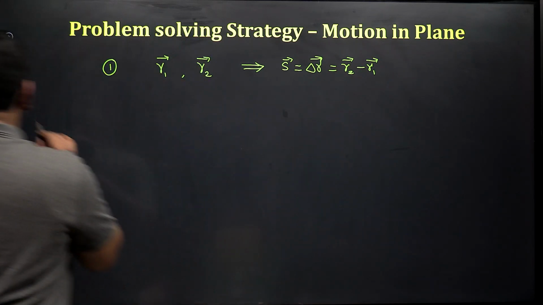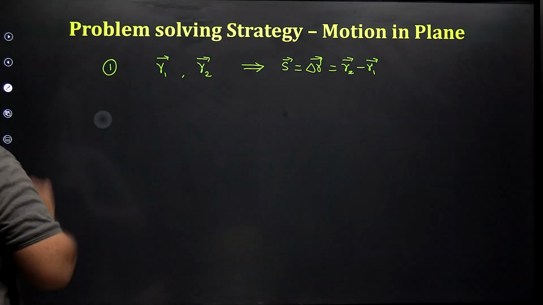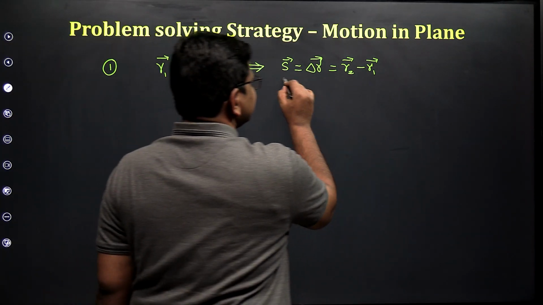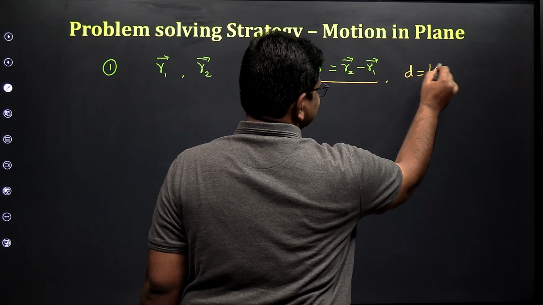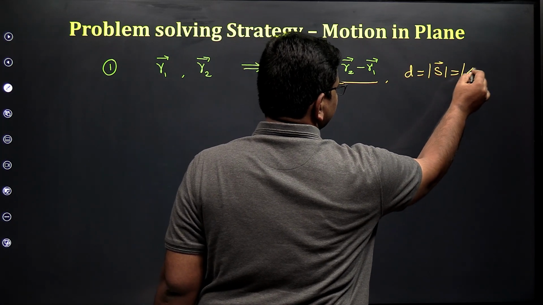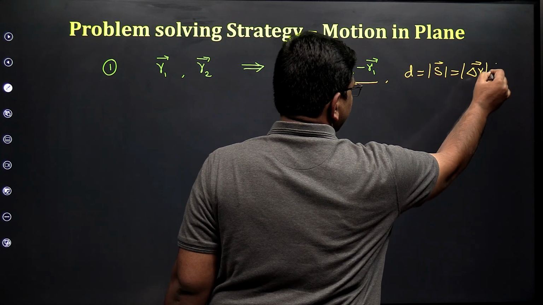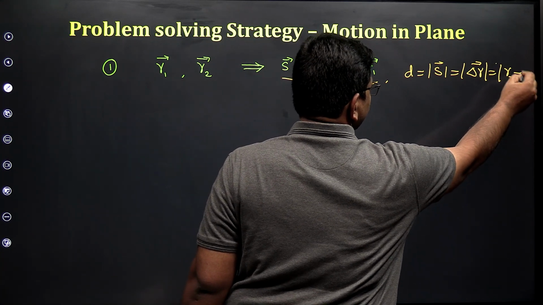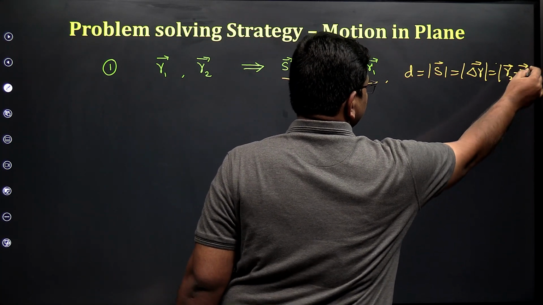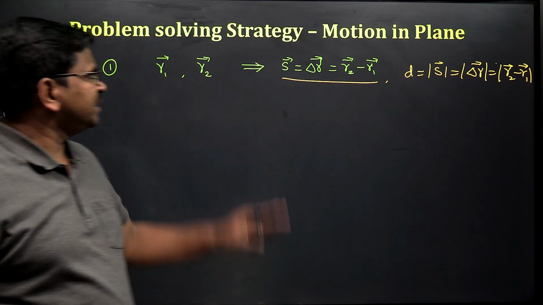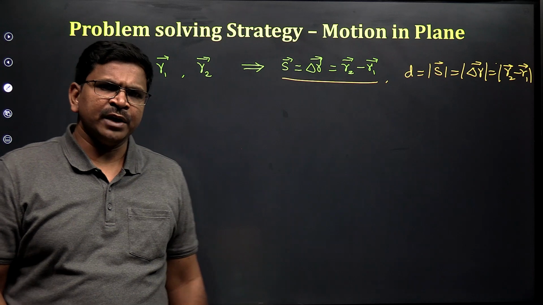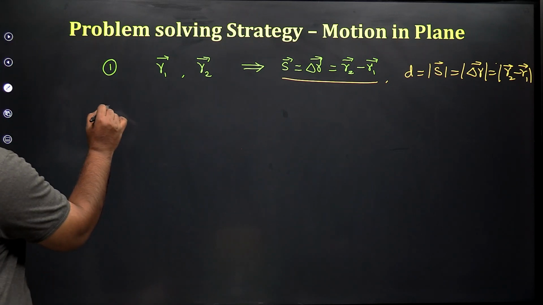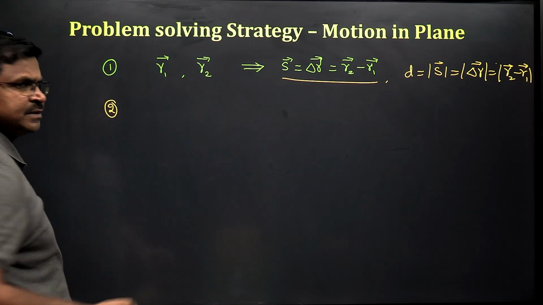Simple idea. And distance can be found out as follows. We know that. What is the distance actually? Distance is simply the magnitude of displacement, or magnitude of delta R, or I can write this as magnitude of R2 minus R1. Simple. So displacement and distance. And you may be asked in another way; the second problem may be given like this.